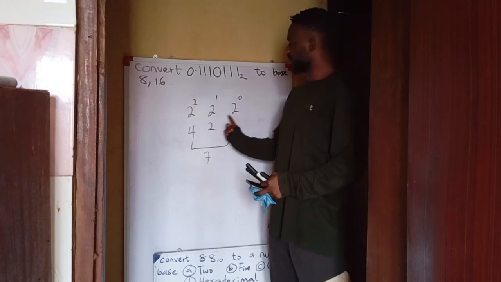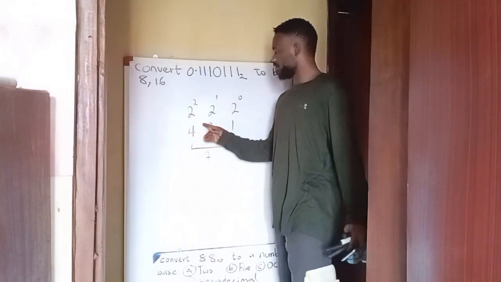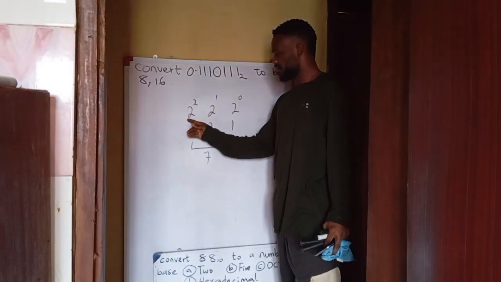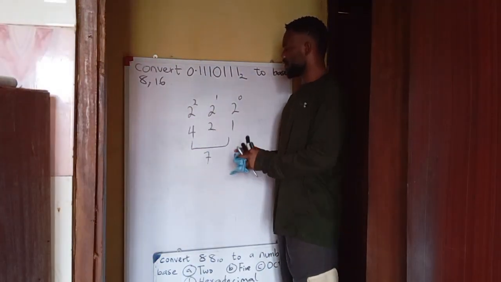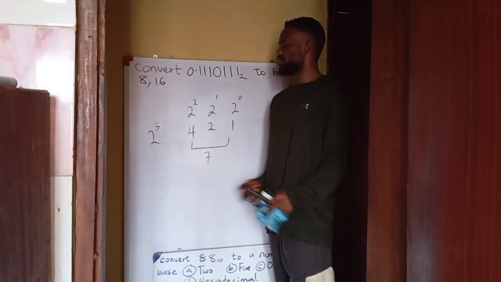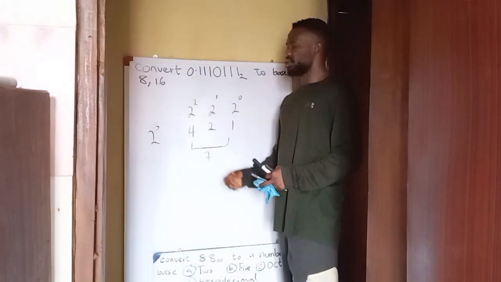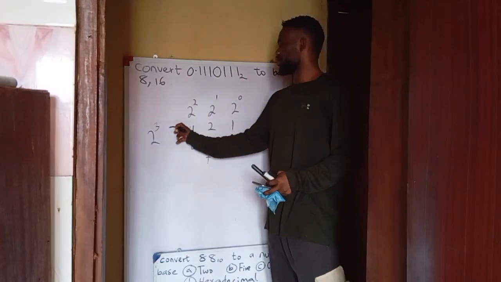So that is another reason why, whenever we are treating base 2 to base 8, we make sure that what we have is in 3 places, since base 8 gives 2 raised to power 3.